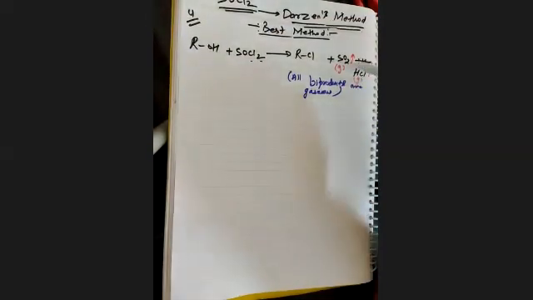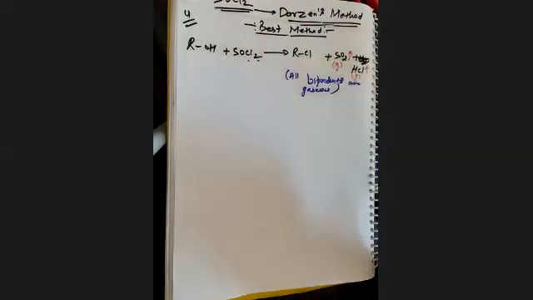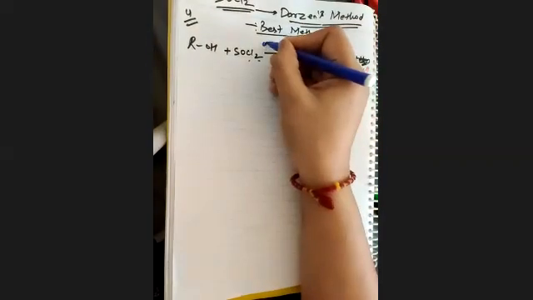So in these types of reactions, all byproducts will be in gaseous state, and it becomes quite easy for us to remove the byproduct, so that we can shift the equilibrium towards this direction, right?